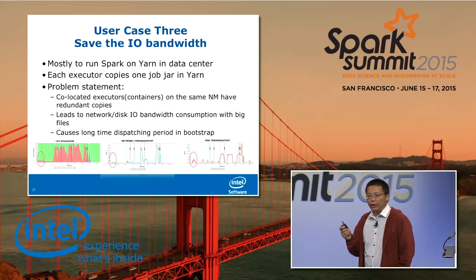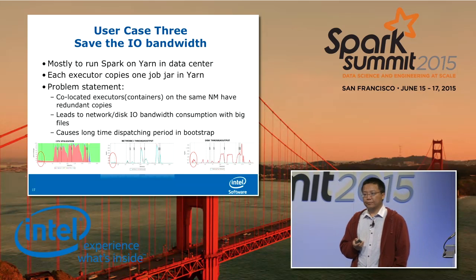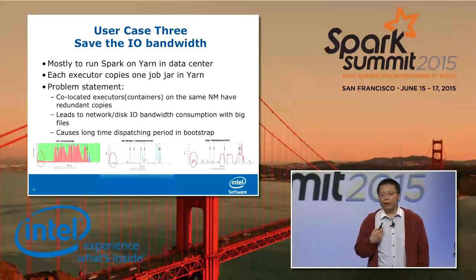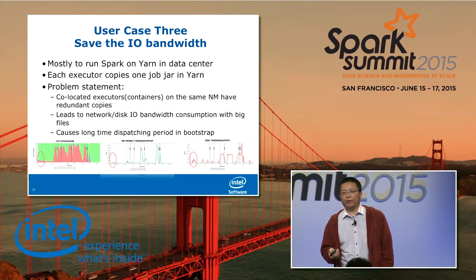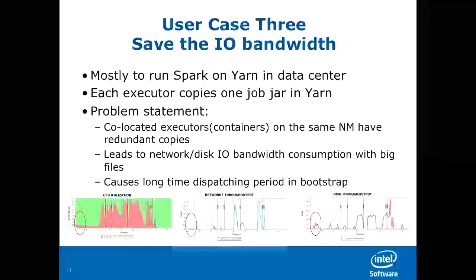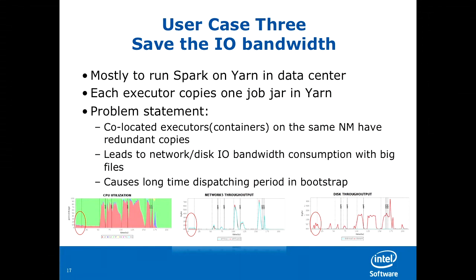Okay, this is the last one. Most of our customers are running Spark in YARN today, or sometimes they have their own customized YARN, very similar to YARN but not upstream YARN. Each executor will copy one job jar in a YARN situation.